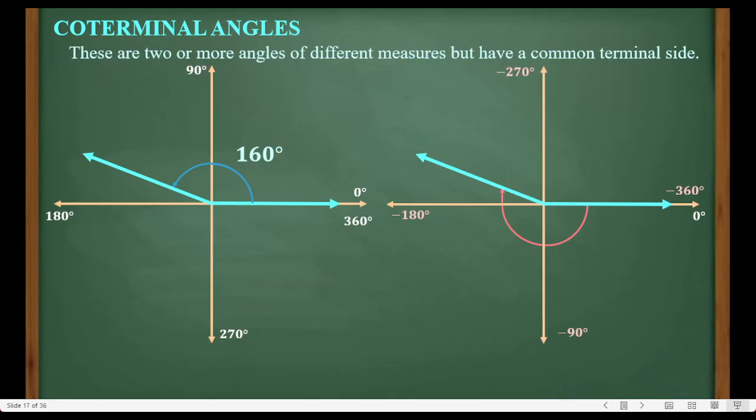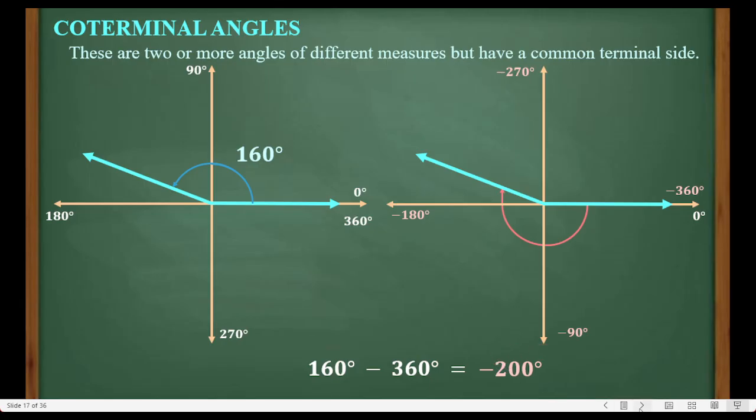But if we're going to determine the amount of rotation, obviously it's different, which is equal to negative 200 degrees. So basically, what we did is, the first measure that we got here, we subtract it by 360 degrees, and that is negative 200.